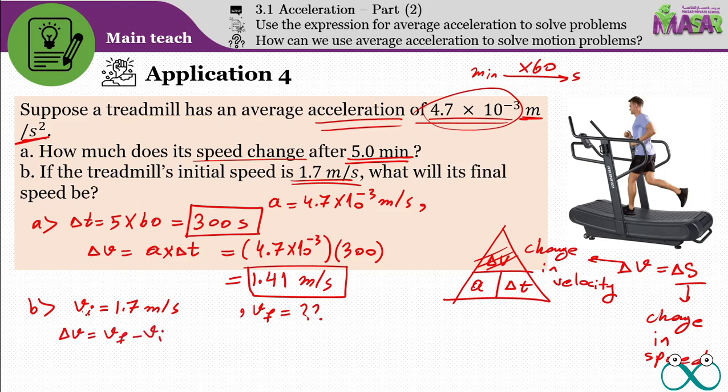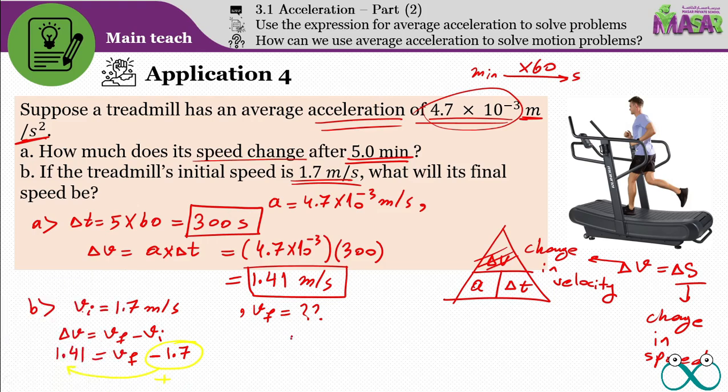Delta V is already solved, so 1.41. Now the final velocity is unknown, so keep it unknown. The initial velocity is given by 1.7 meter per second, so let me write here 1.7. Now this equation is called a linear equation with one unknown. In order to solve it, I should move the minus 1.7 to the other hand side, but don't forget to change the sign from minus to positive.